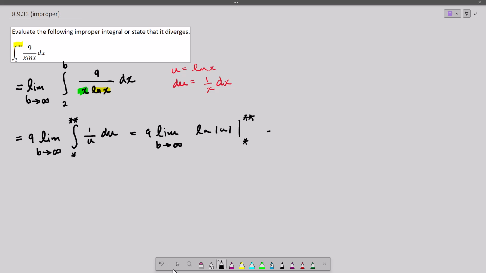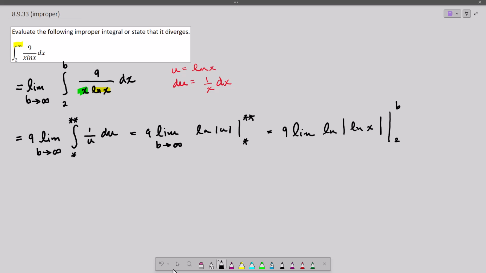Well, now we can do our back substitution. So we have 9 limit natural log of the absolute value of natural log of x. And the limits of integration are back to 2 and b.